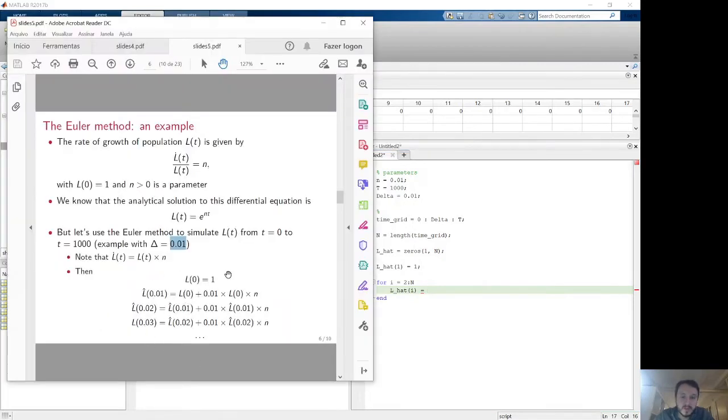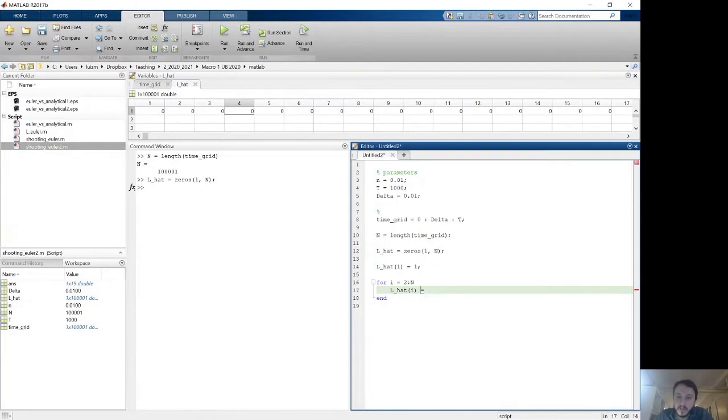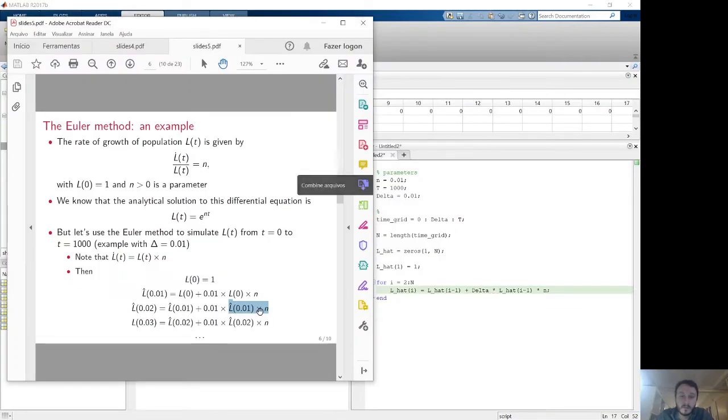The value of the vector at a given line is the value in the previous line plus delta times, again, the value in the previous line times n. We have delta here, and we have L hat in the previous time period times n, which is this.